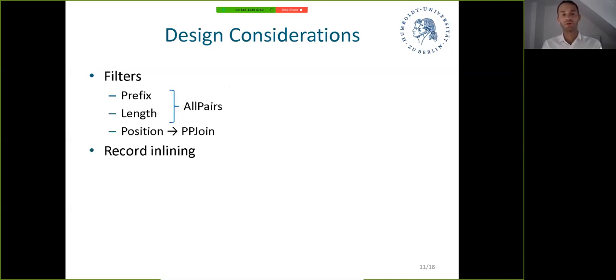As an implementation optimization, we use record inlining. So when you think about the input records with differing lengths, the standard way to implement this in C++ would be, for example, an array of a structure with pointers to another array which contains the actual tokens.